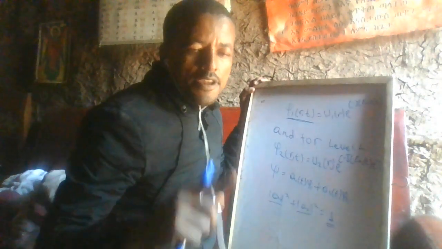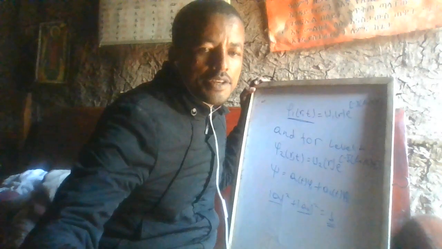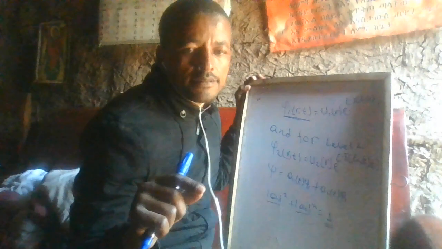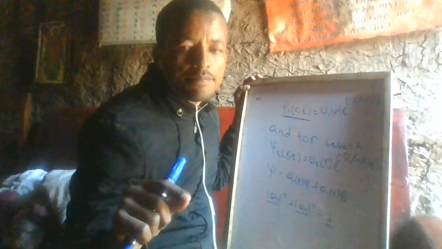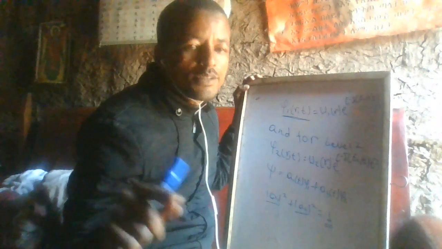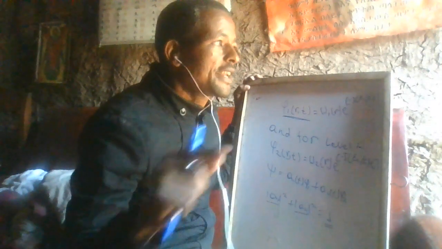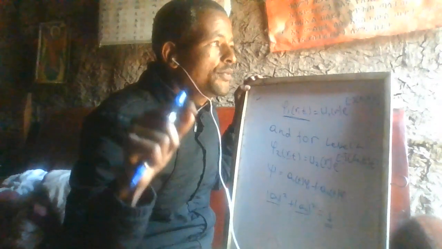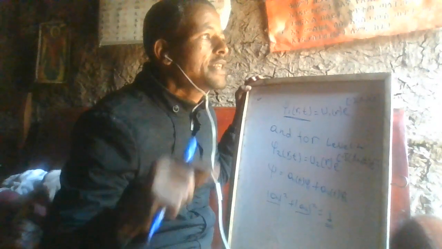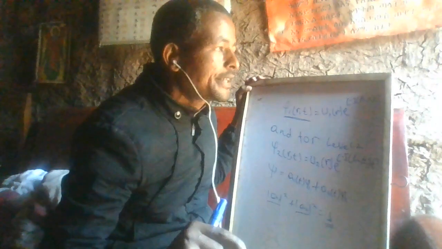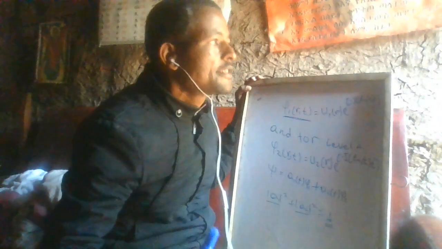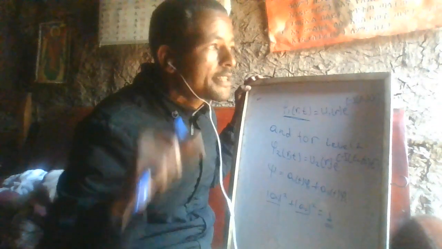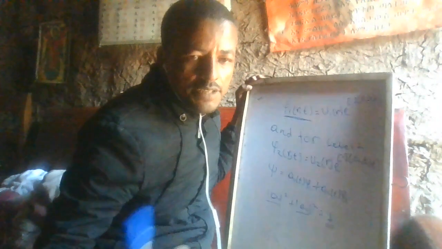And thus, A1 squared and A2 squared represent the probabilities that at time t the atom is found in state 1 or 2 respectively. That is, the values of A1 squared and A2 squared represent the probabilities of the atom being found in state 1 or 2 respectively.